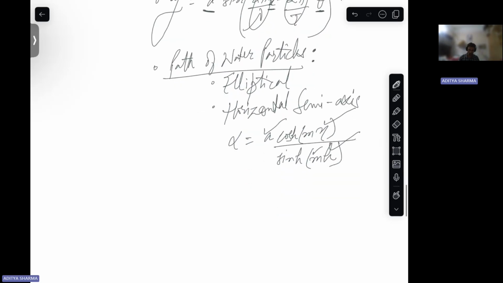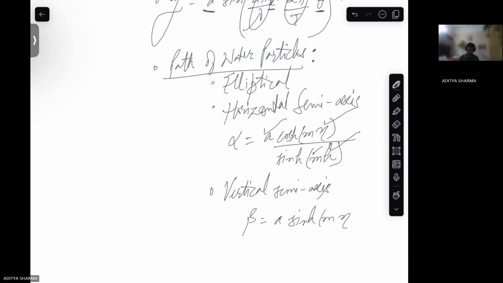So this is your horizontal semi-axis. Then is your vertical semi-axis, beta. This basically is your wave motion, and the path that is followed by your water particle.